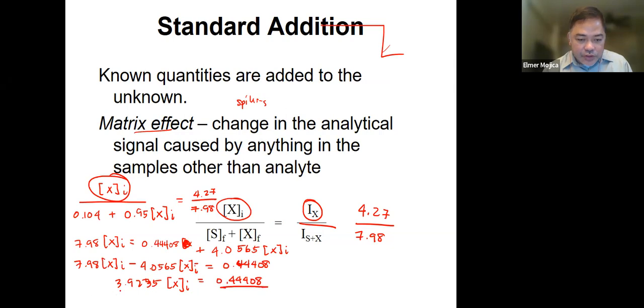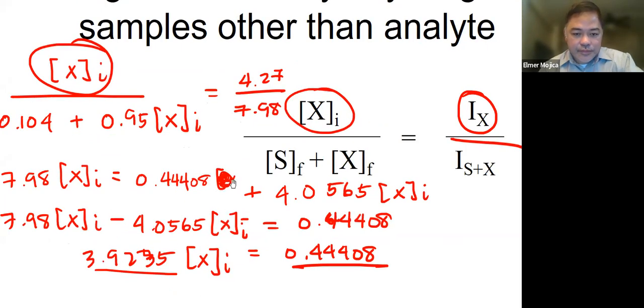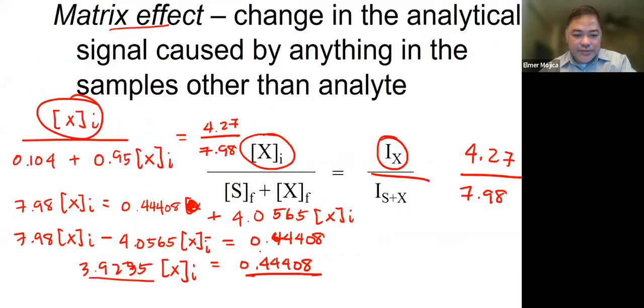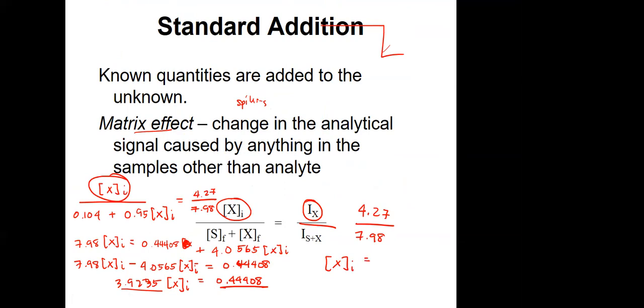So I divide both sides by 3.92. Oh no. Biglang lumaki. So what is my Xi equal to? 0.11.